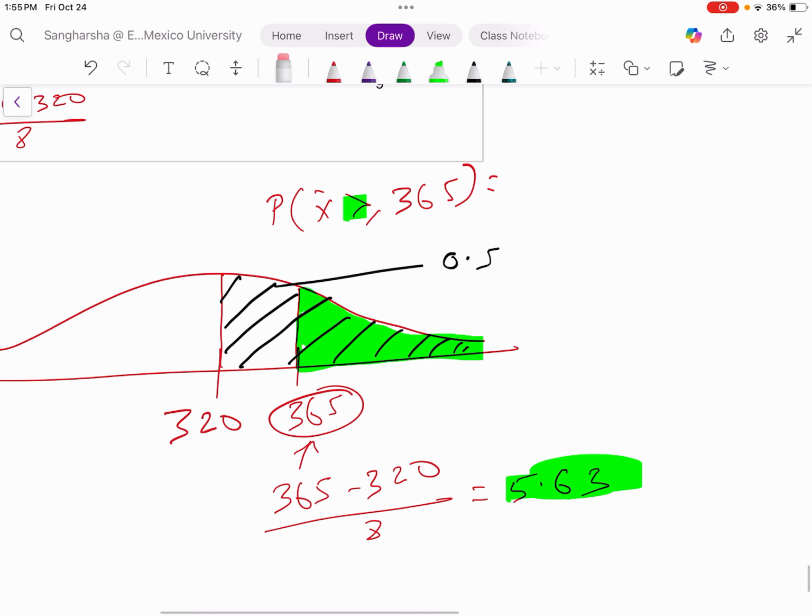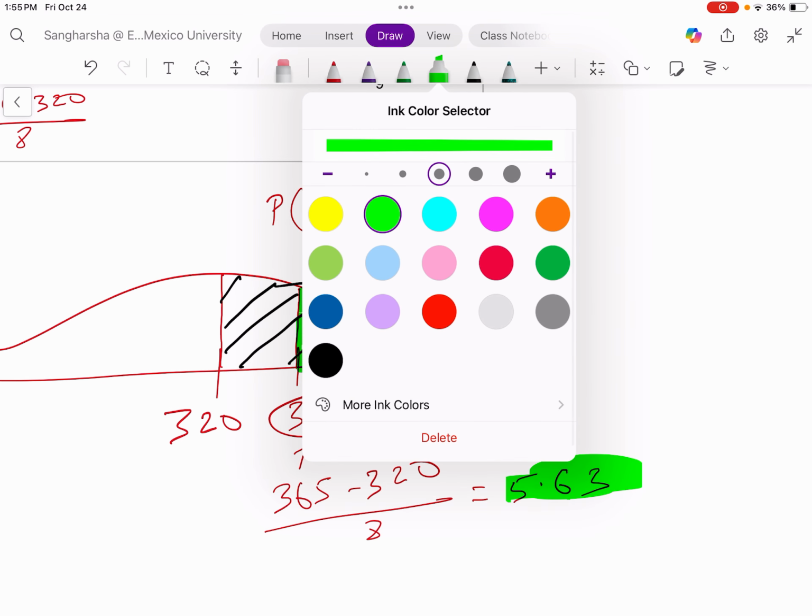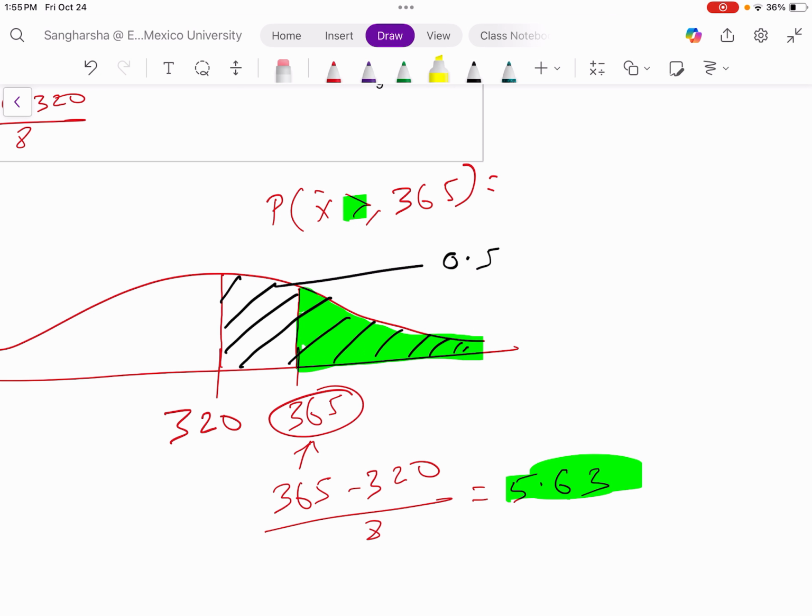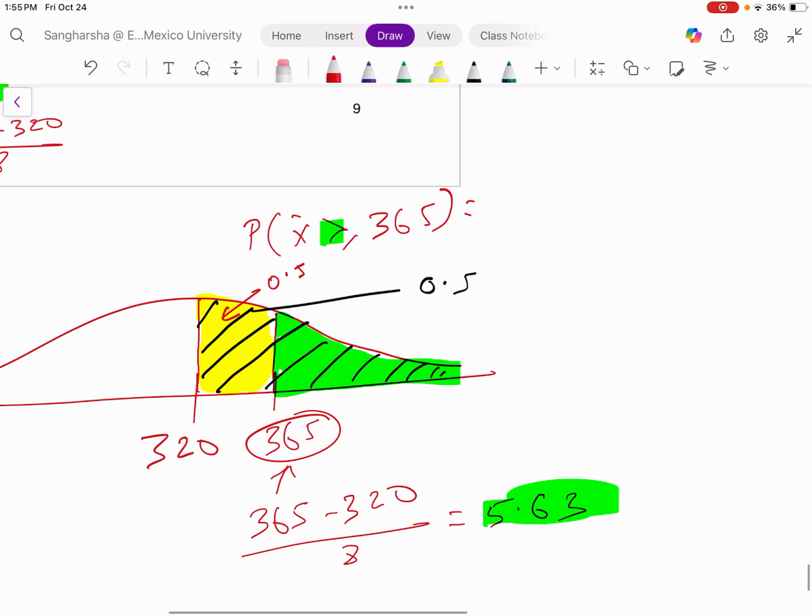So this area is almost 0.5, and our target is the area of the green region, which is the difference, closely 0.00. The probability that x bar is greater than or equal to 365 is almost 0.